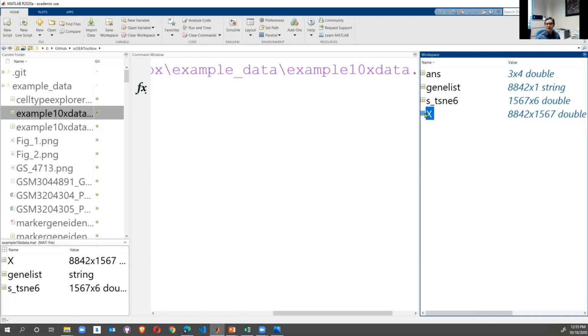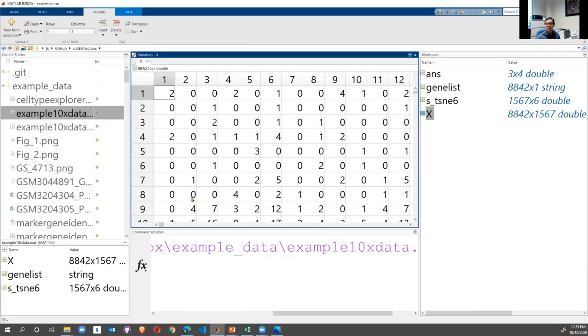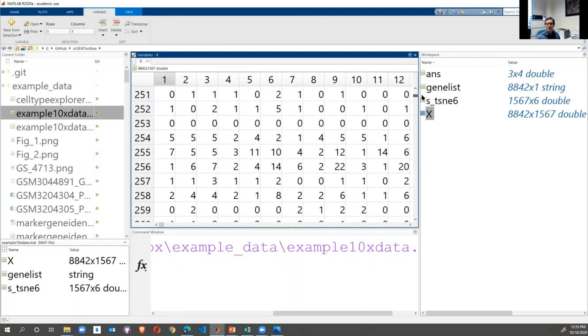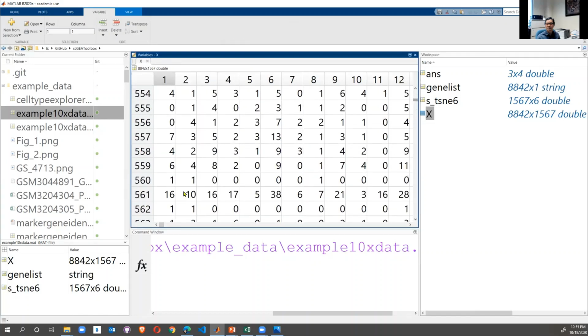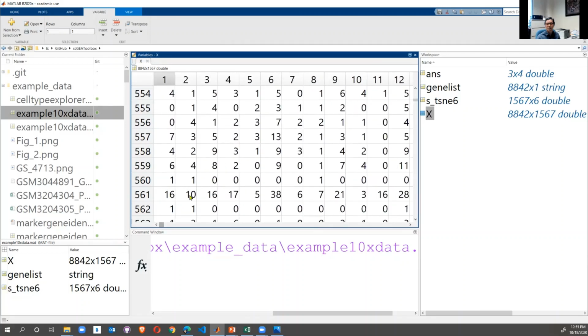So what does this matrix look like? I can double click, and you can see the matrix. There are the expression values, UMI counts, just like what you see in an Excel spreadsheet. You see some of the genes may have higher expression than others. So gene 561 seems to have higher values than other genes. This is a highly expressed gene across all the cells.